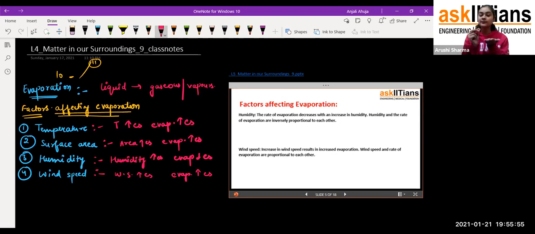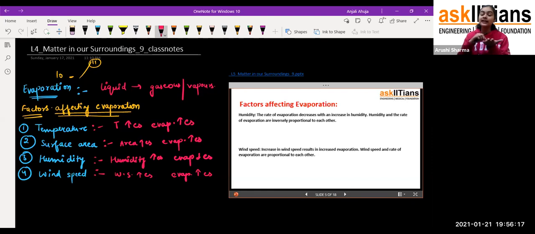Exactly, students, for evaporation from liquid to gas we require some heat so that it will convert from liquid to gas. So that nail paint remover drop will absorb the heat from my hand, because you know our body temperature is normally 37 degrees Celsius. So it absorbs that heat from my hand and evaporates.